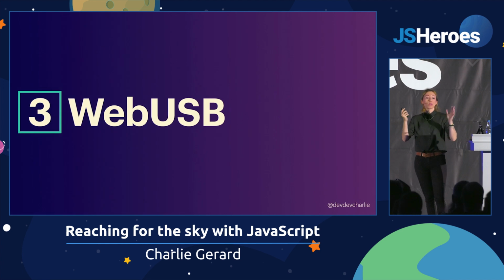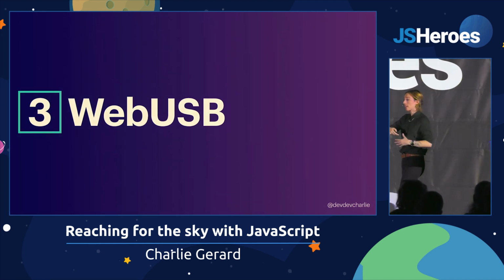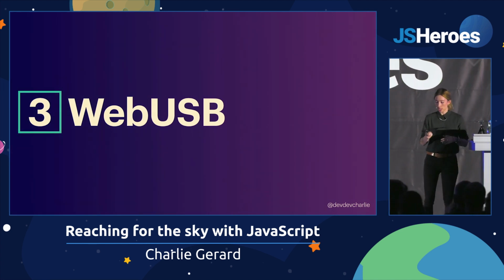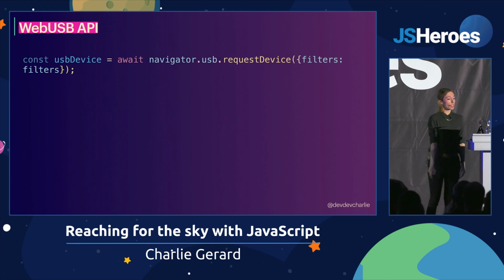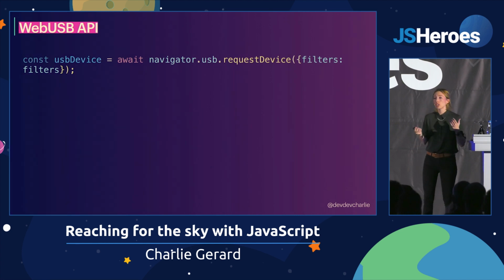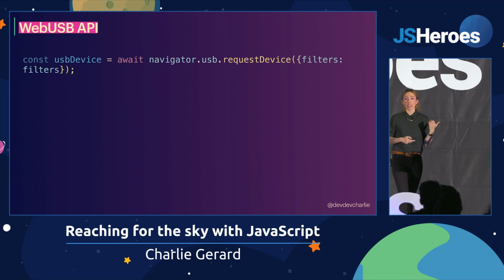So if you don't tinker with an antenna, but you have a keyboard or a camera plugged in or whatever, you can start to get data about your USB devices using that API. So the first thing you need to do is to get your USB device to actually communicate with the browser. So to do this, you need to call navigator.usb.requestDevice, and you can pass in some filters.